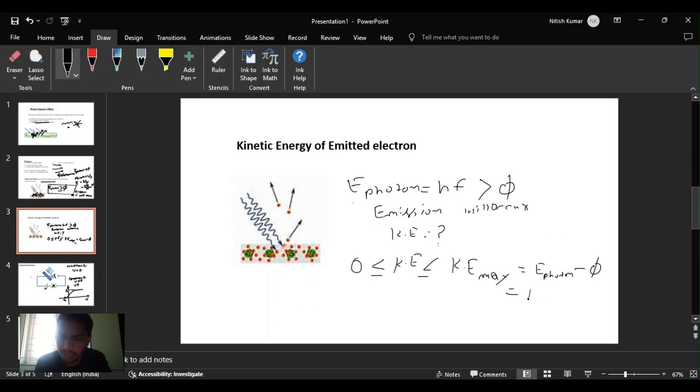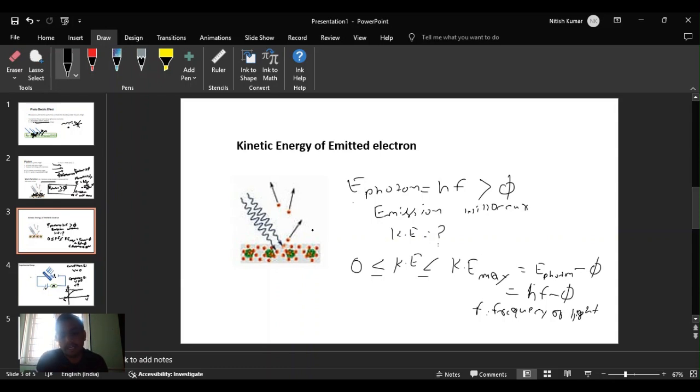So we can write the maximum kinetic energy as hf minus phi, where f is the frequency of light.